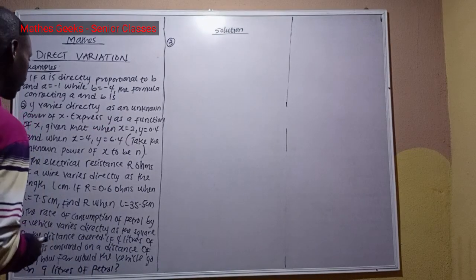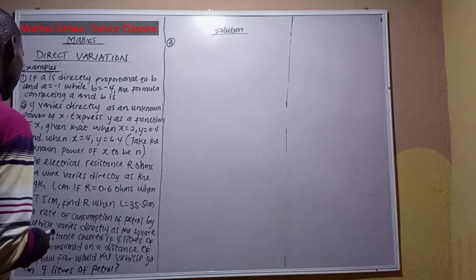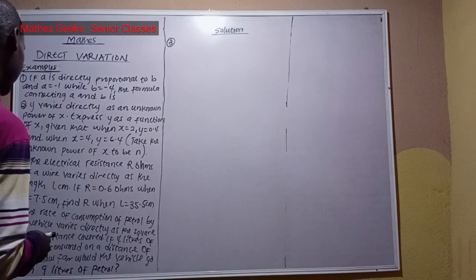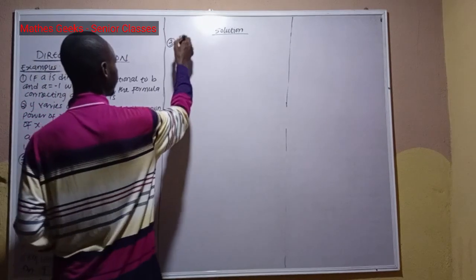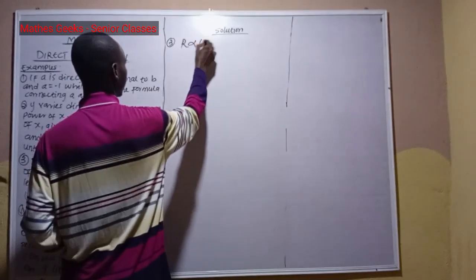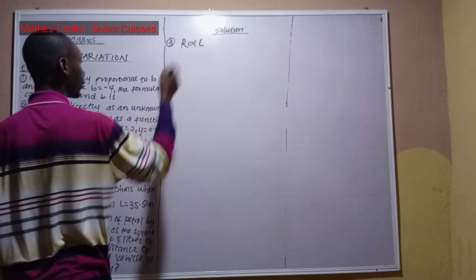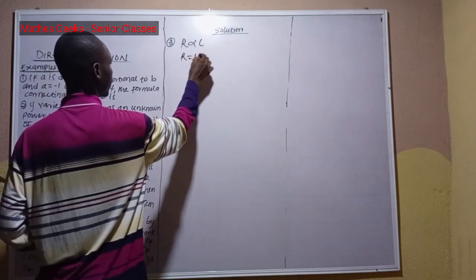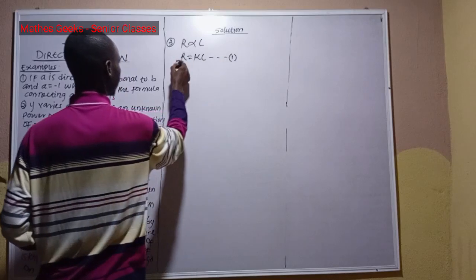The electrical resistance R ohms of a wire varies directly as the length L cm. So resistance varies directly as the length: R is equal to kL, equation 1.